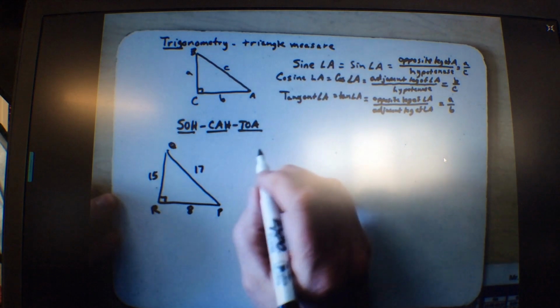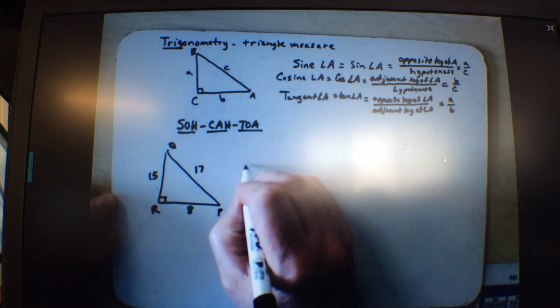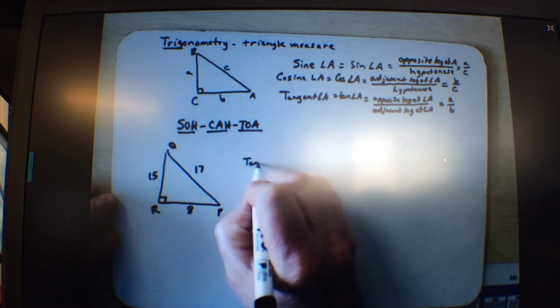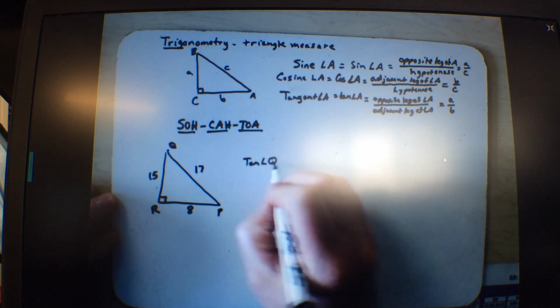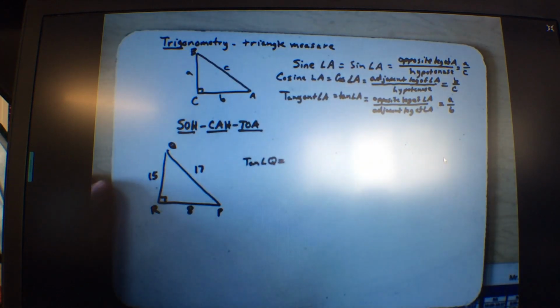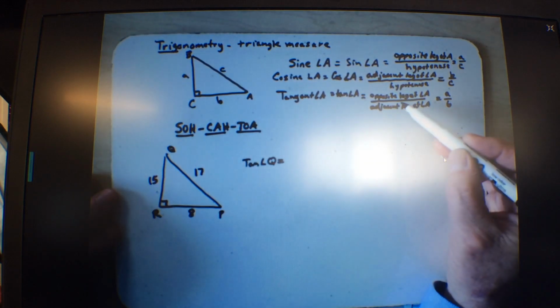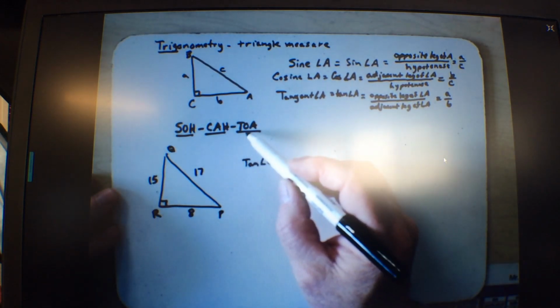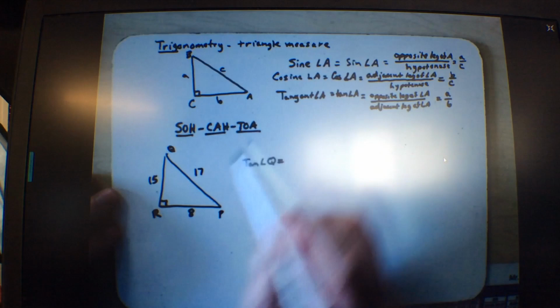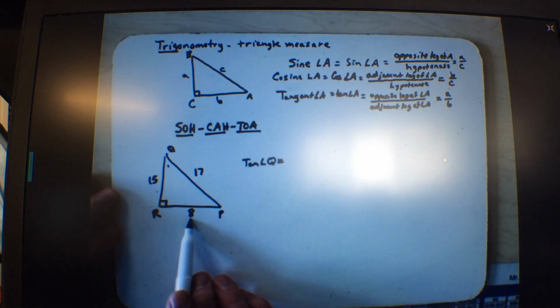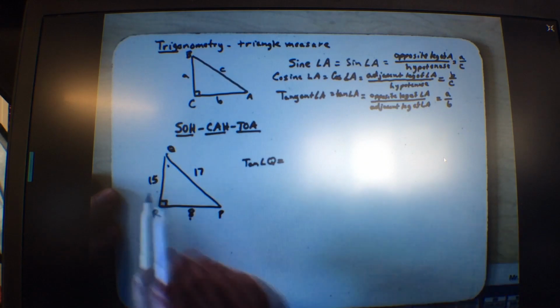Okay? So if I say I want the tangent of angle Q, then the tangent of angle Q would be the ratio. I'd go up here to tangent, or tangent is opposite over adjacent. So I look at angle Q, this is angle Q, and I go the opposite, which is 8, over the adjacent.